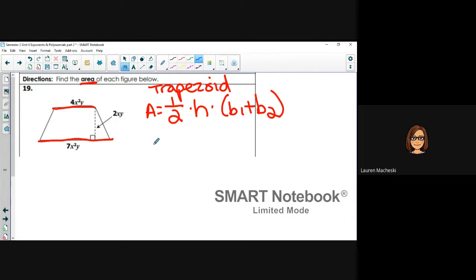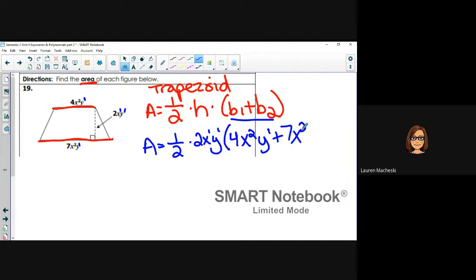So I wrote my formula down. Next, I substitute for my formula. Oh, I'm going to add 1, so that's probably smart, right? All right, so my height is 2x1, y1. And then add my bases together. I have 4x squared y1 plus 7x squared y1.